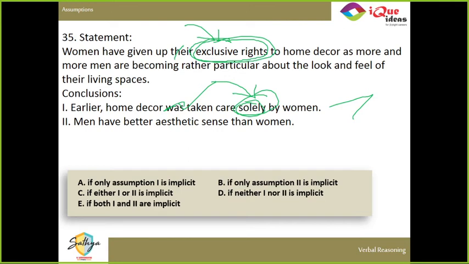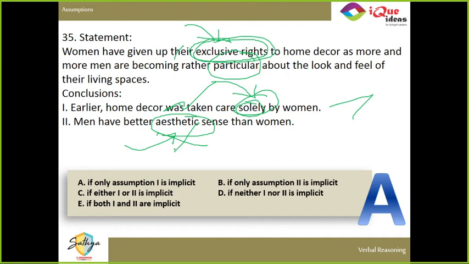Now, whether men have better aesthetic sense, sense of style, sense of design, sense of what looks good and what does not, we don't know. We only know that men are becoming particular about it, but whether they are better than women, we don't know. So hence, only option A, the first one, is there. Only the first one is true. You get that? Only the first one is true.